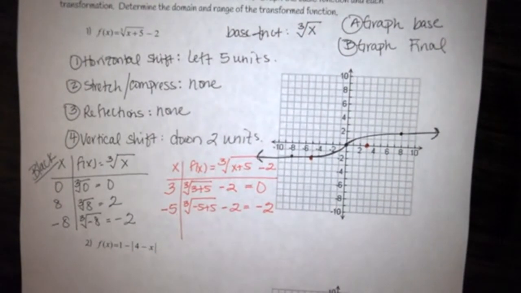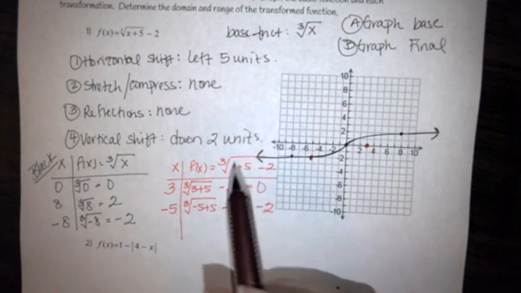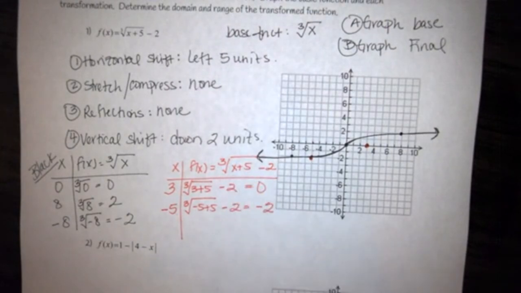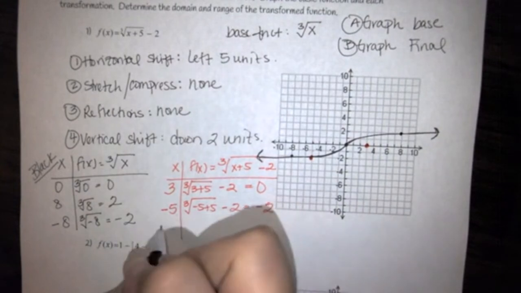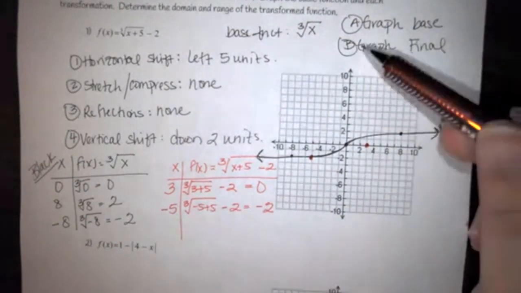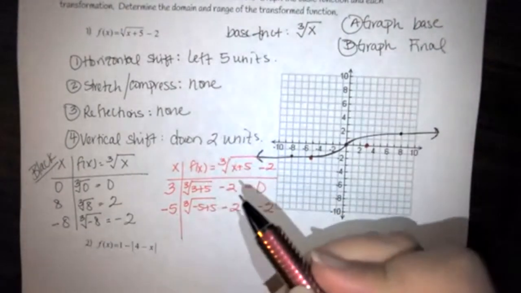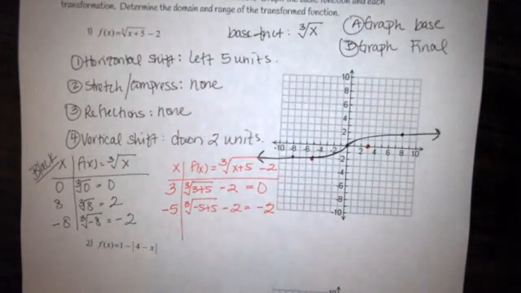If I wanted to get 27 in there, I would have to use x being 22. Obviously that's going to be way off my chart, so you just have to be smart with your numbers. What you're looking for is what's actually happening.